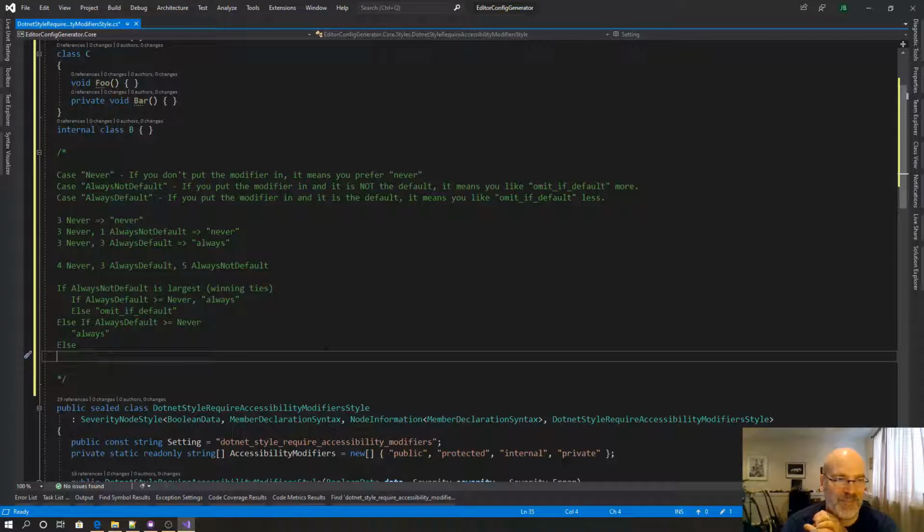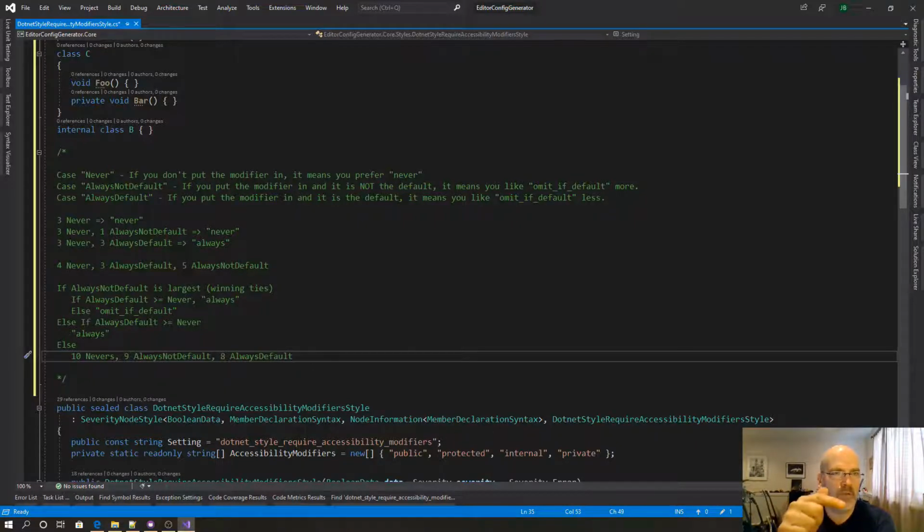It's just as simple as that. So you kind of would have in this case 10, like 10 nevers, like 9 always not default. I think 8 always default.